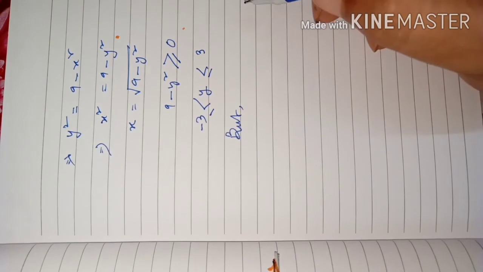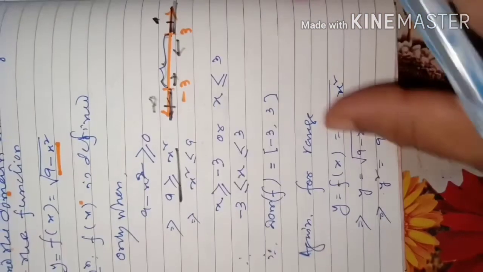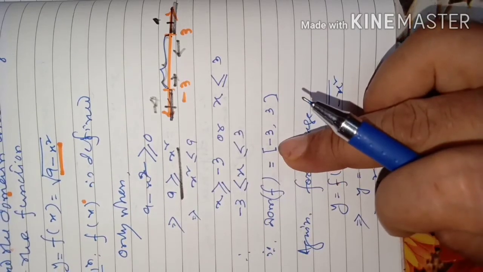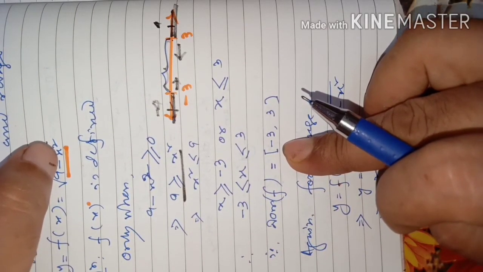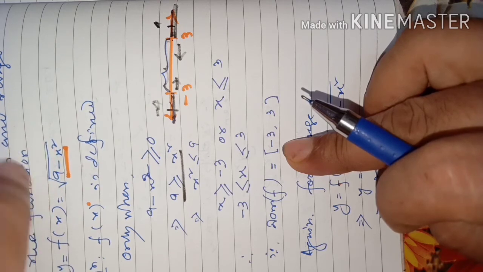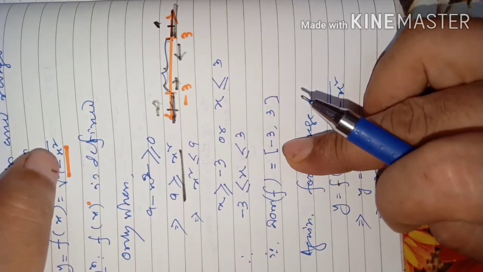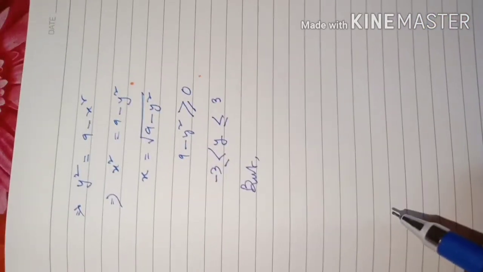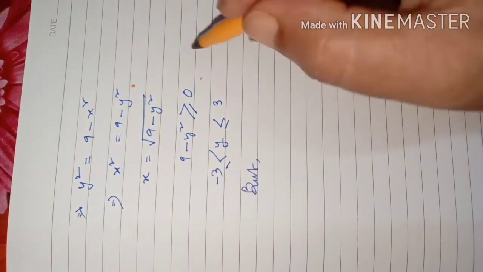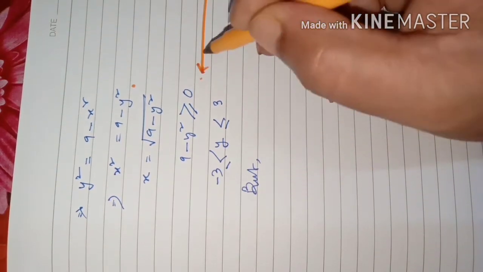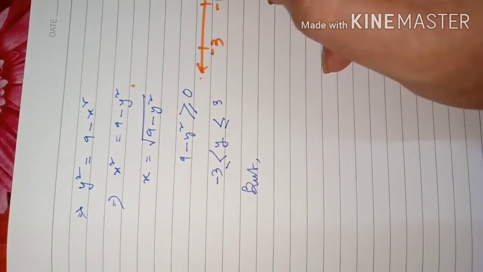Because you see, the values of domain start from what? Minus 3. When you take minus 3 square, 9 minus 9 is 0. Y value starts from what? 0. Though we got here that y can be between minus 3 and plus 3.